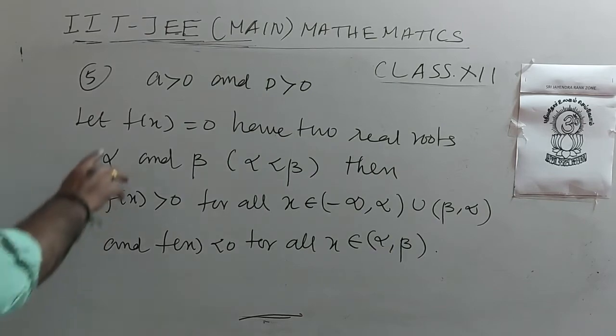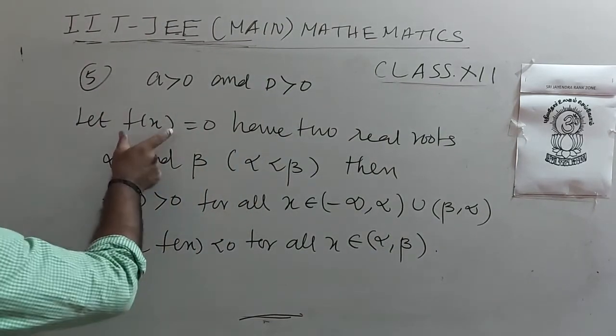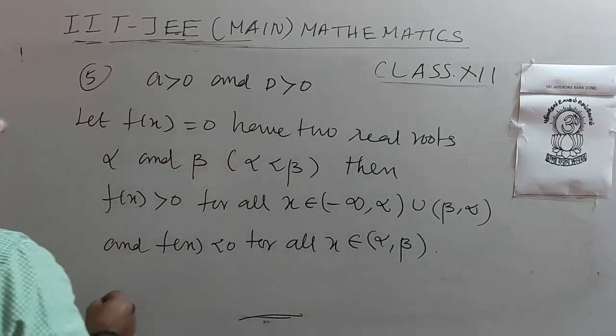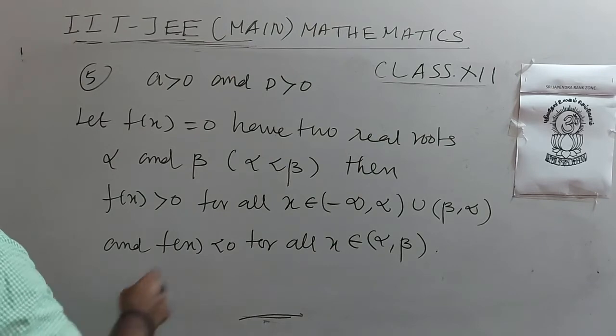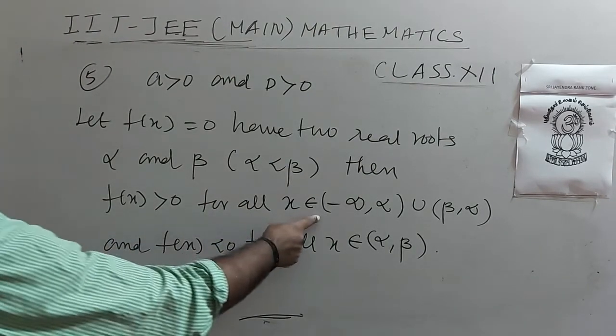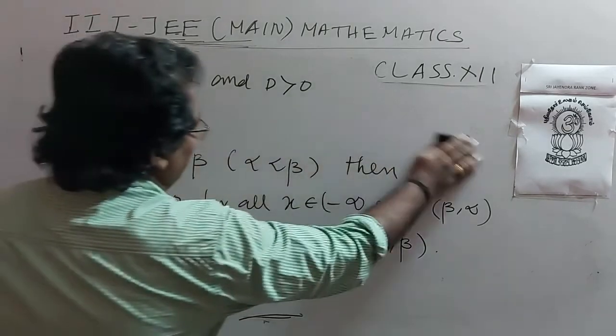If A is greater than 0 and D is greater than 0, in this case f of x equals 0 has two real roots alpha and beta, such that alpha is less than beta. Then f of x will be positive in the outer intervals and f of x will be negative when x belongs to alpha comma beta. That means in this case the curve intersects the x-axis.